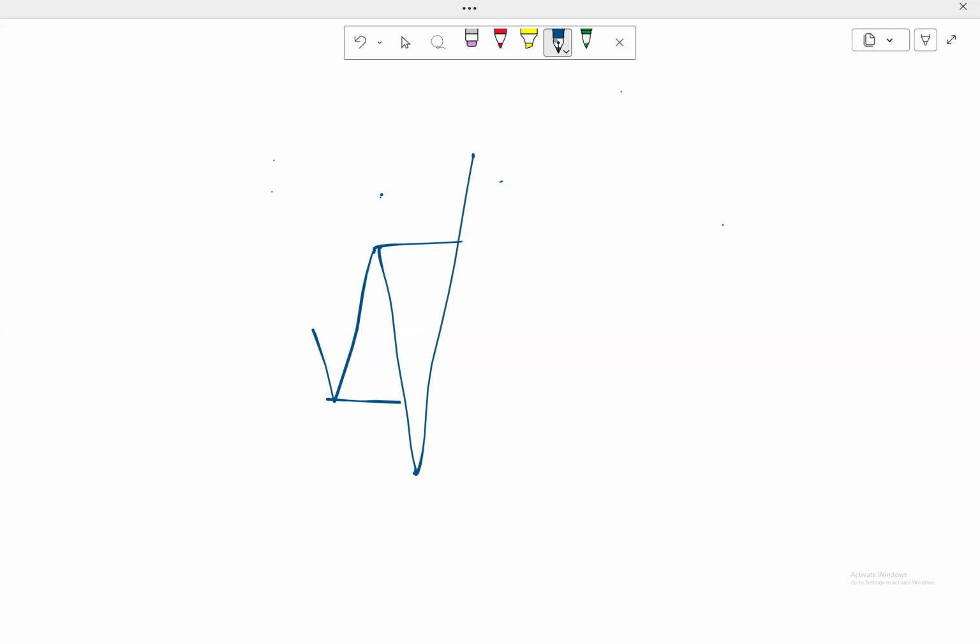So this level here is the Quasimodo level. So price will come into this level and then buy from there. This is the original Quasimodo reversal pattern, the QMR.